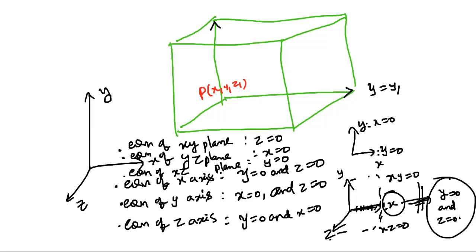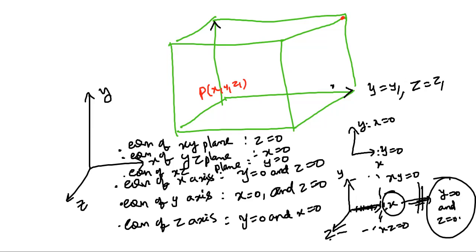Then only it will come down to that particular plane. Therefore, when I write equations here, I must write y equal to y1, as it is in the plane parallel to x and z. And this one, z equal to z1. So the intersection of these two is this point.